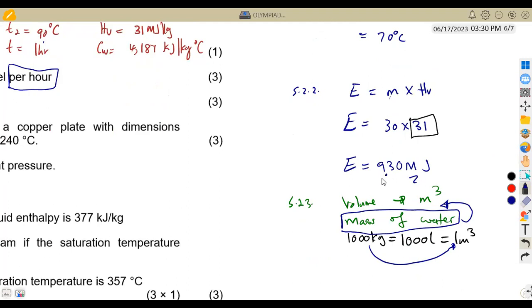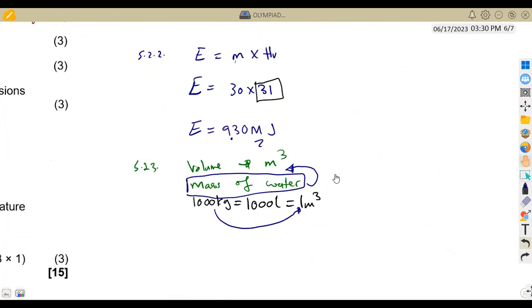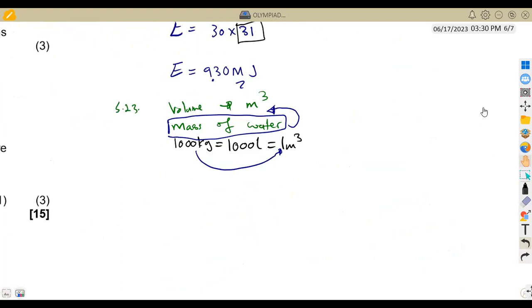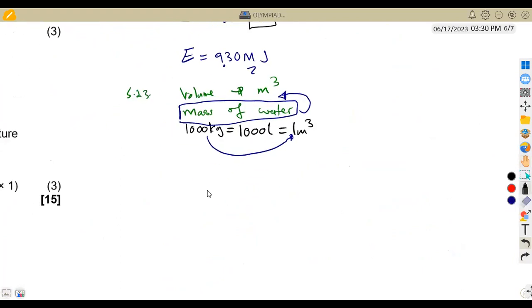If this is the energy that is used to heat water, therefore we can refer to this energy as equal to the heat that is affecting our water in this case. So we are going to say the energy that is used by the fuel to heat the water is going to be equal to the heat for the water.